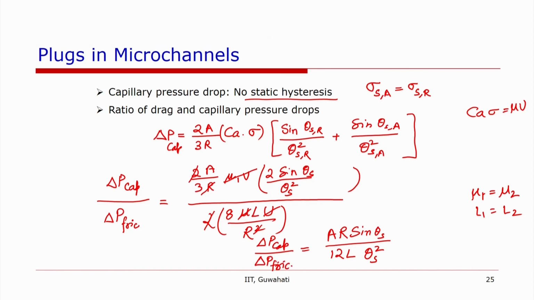So one can see from here that if L is smaller, then delta P capillary can be significant.